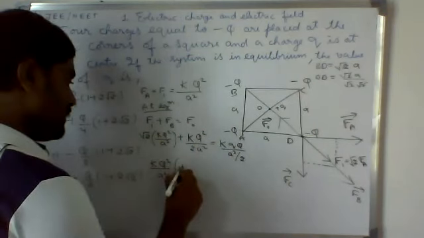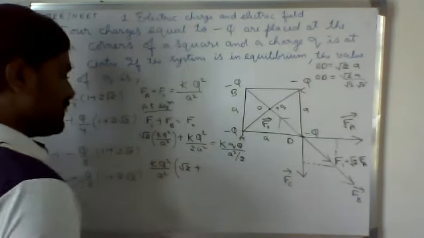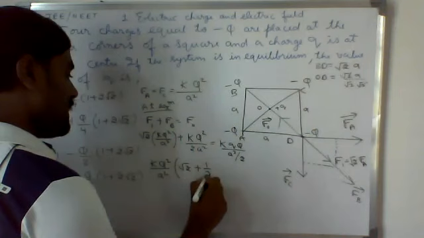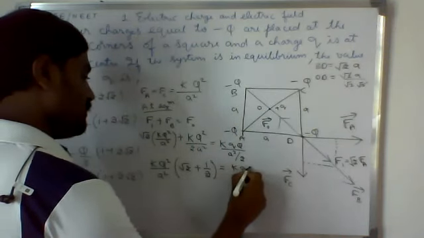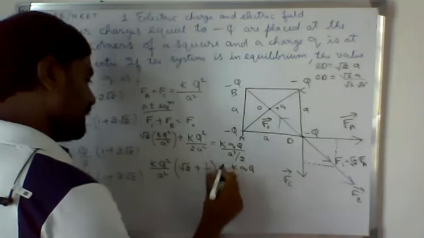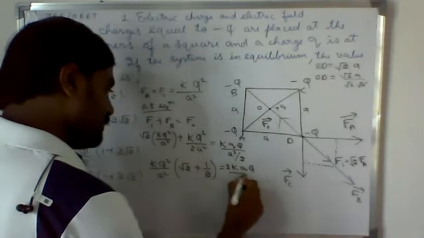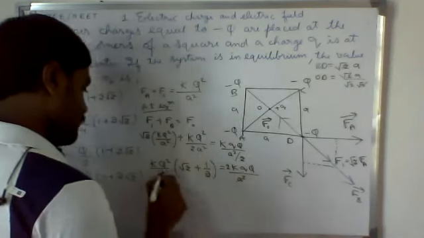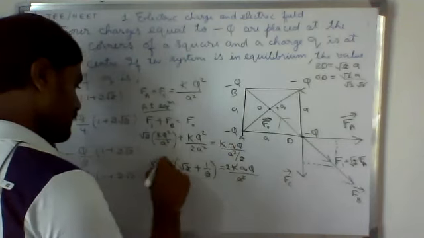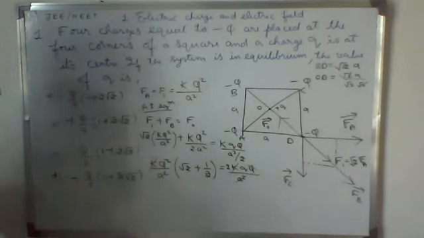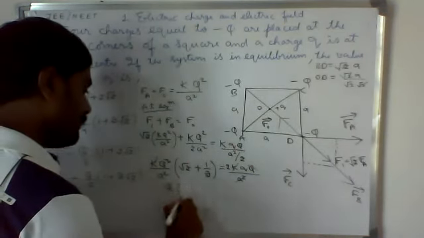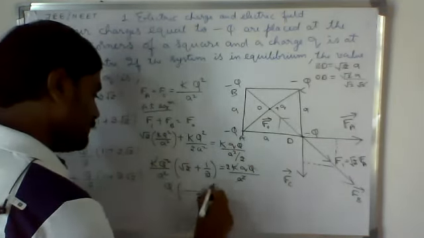So from this, take K Q square divided by a square as common. The remaining is root 2 plus 1 by 2, that is equal to K small q capital Q times 2 divided by a square. K and capital Q cancel, right? So capital Q times, what is the LCM here? 2, right?